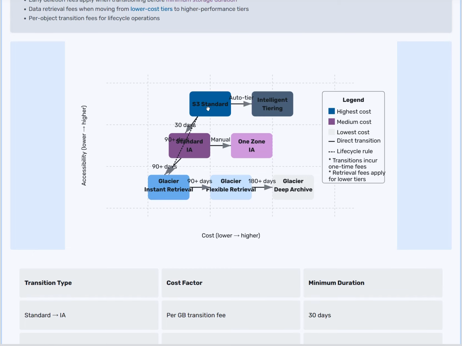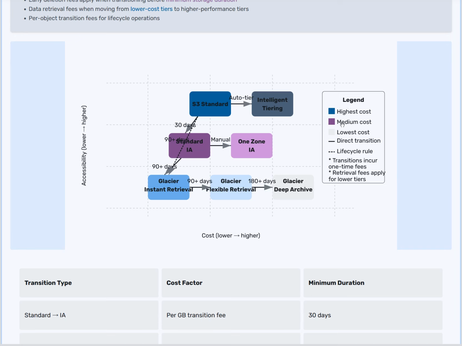So S3 Standard, and then from Standard you keep it 30 days, and then you can move into Standard-IA. And then 90-plus days, you can move into Glacier Instant Retrieval, and then 90 days, you can move into Glacier Flexible Retrieval, and then you leave it at 180 days and move into Glacier Deep Archive, right?